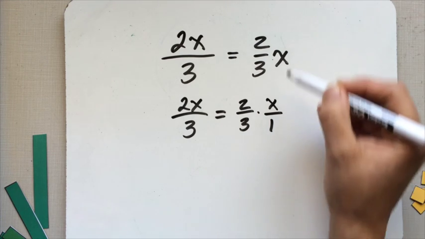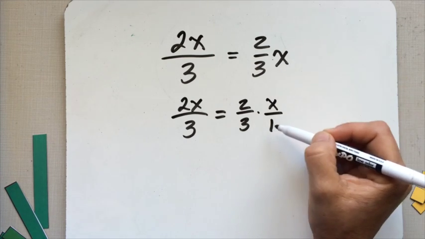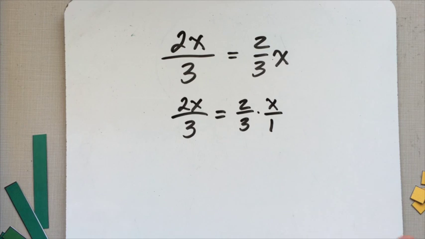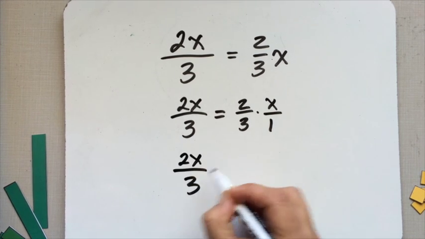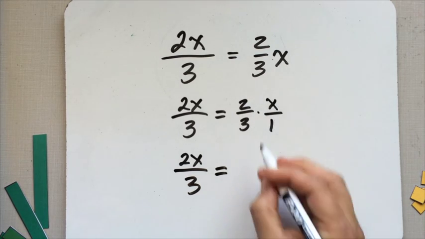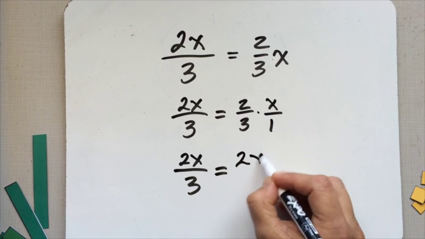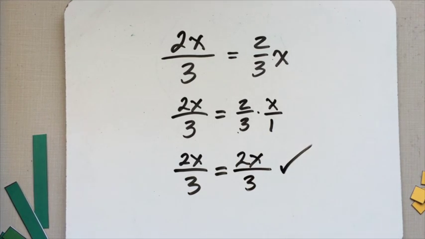Yeah, exactly the same thing. No matter what this number is, if I divide it by 1, it stays the same. It's the same number. All right, my rules of multiplication say multiply the numerator times the numerator and the denominator times the denominator. So 2 times x is 2x and 3 times 1 is 3. Look at that. Booyah. Exactly the same.